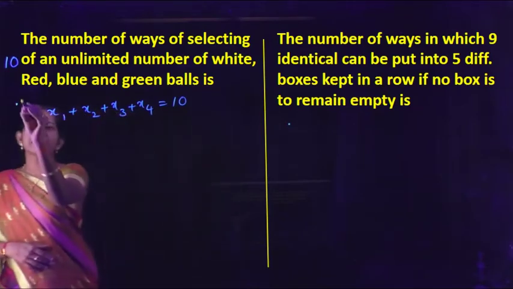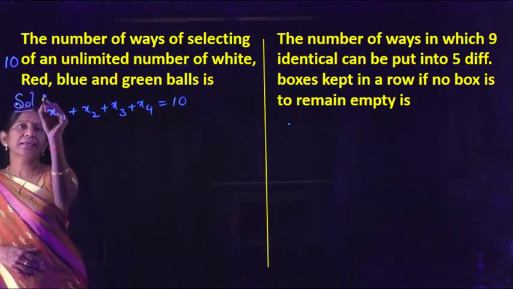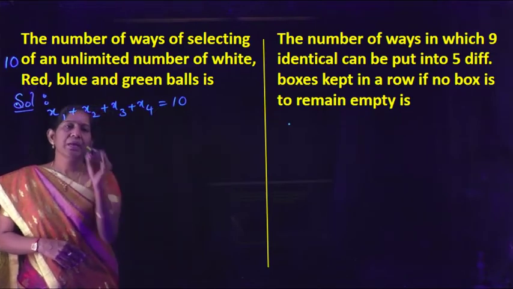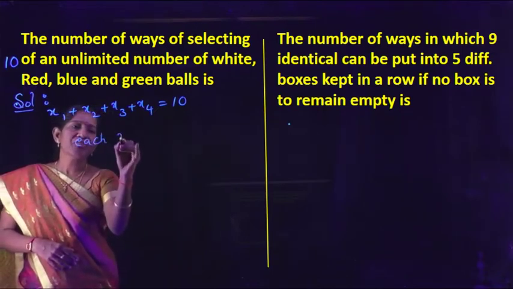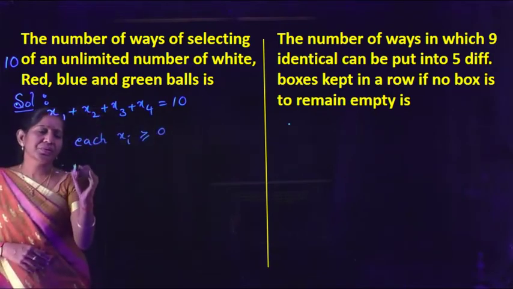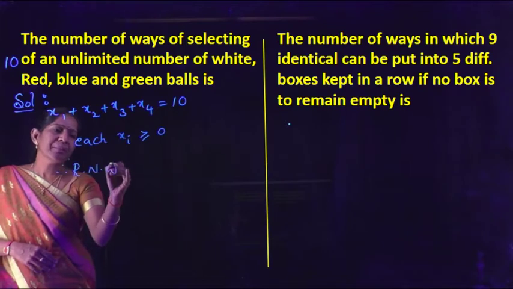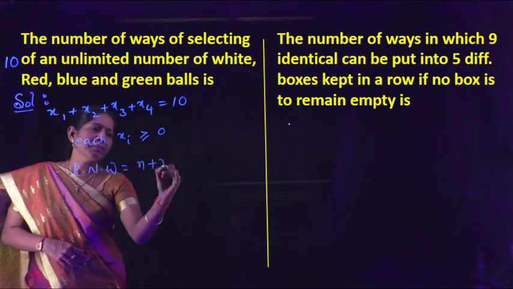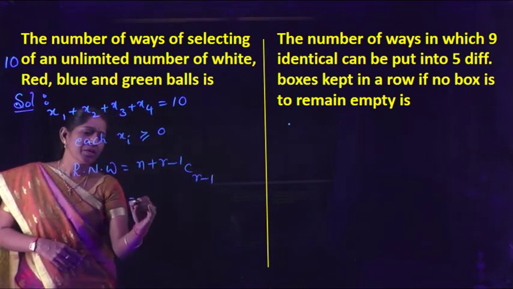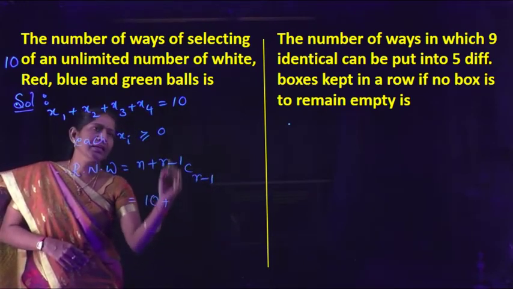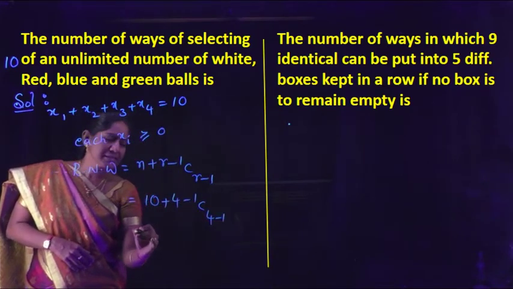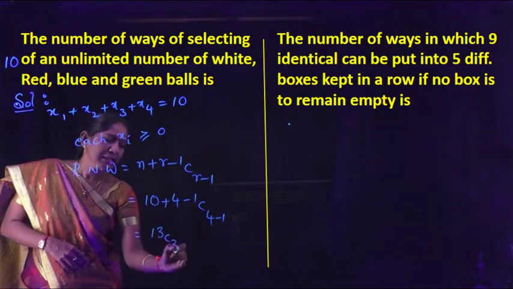Unlimited number means each xi greater than or equal to 0. Therefore the required number of ways is n plus r minus 1 c r minus 1. Put the values. N is 10, r is 4, so 13 c 3.